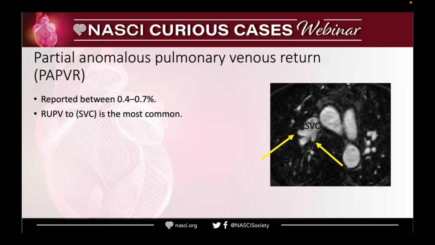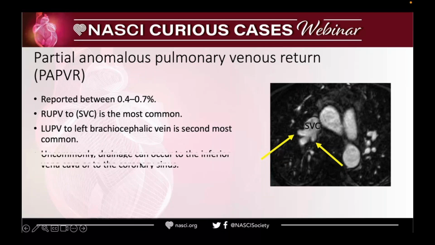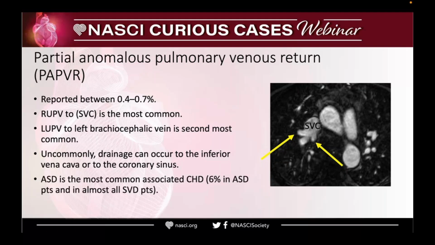It has been reported that the right upper lobe pulmonary veins to the SVC are the most common subtype, followed by the left upper pulmonary vein draining into the left brachiocephalic vein. Uncommonly, drainage can occur to other places like the inferior vena cava or coronary sinus.